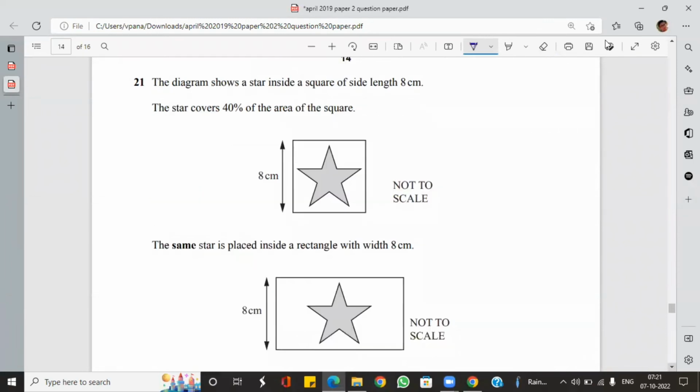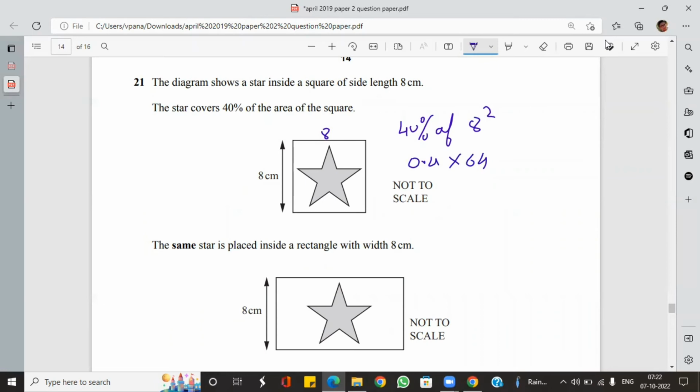Got it? The diagram shows a star inside a square of side length 8 centimeters. The star covers 40% of the area of the square. So let us find the area of the star. The area of the star is 40% of the area of the square, which is side times side, that is 8 squared, 64.